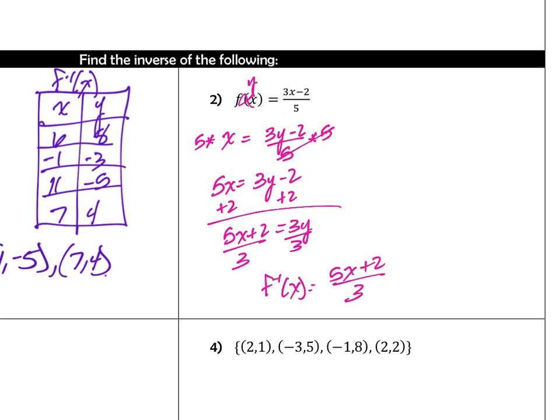Or some people wrote it as 5 thirds x plus 2 thirds. That's fine too. However you want to write it. Okay? Nice job. Okay. So now we're going to go to the next 2.